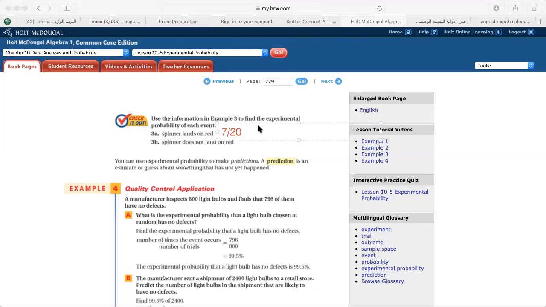And 3B, nice also. 3B is spinner doesn't land on red, so it lands on blue and green. Blue and green together, 8 plus 5 is 13. 13 over 20. Yes, excellent. Your answer is correct. So B is 13 over 20.